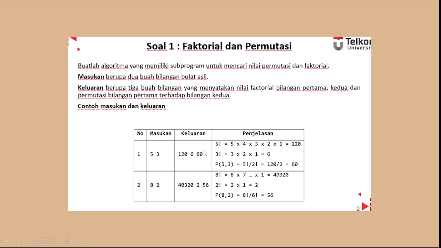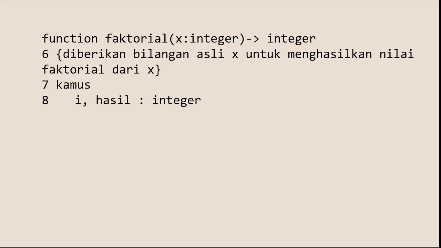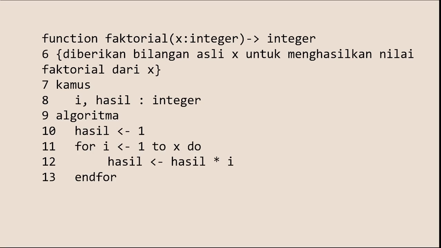So factorial works like sequential multiplication. For the first factorial function, we are going to use a for loop. So the result is going to be set to number 1, because we are going to do multiplication, so we must set the result variable to 1.